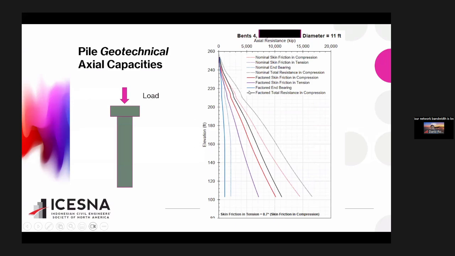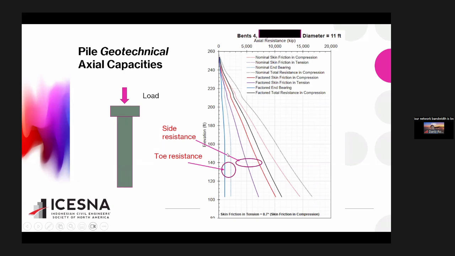That's showing, for example, this one is for toe resistance, the blue line. The dotted line is the nominal resistance, and the solid line is the factored resistance for the toe. Same thing with these two, these are for side resistance. The red one is for compression, and this one is for tension resistance.